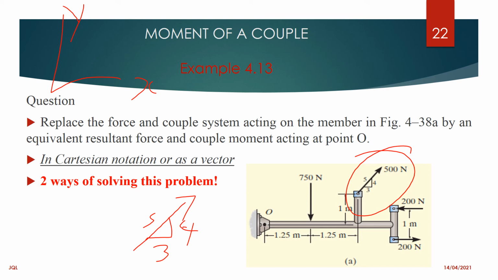If I'm looking for a vertical component, which happens to be, in this case, a 4, whatever I'll be multiplying will be a 4 over a 5. This is a vertical component.